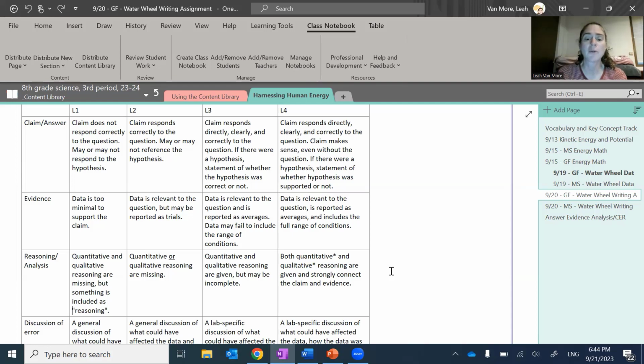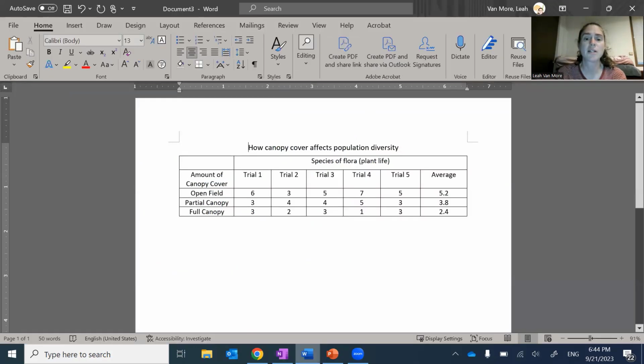So I'm going to be using this data here. The data is how canopy cover, so how covered an area is with tree leaves, that's the canopy, affects population diversity. Population diversity means how many different species, and in this case, this person was looking at species of plant life, are in a certain area.